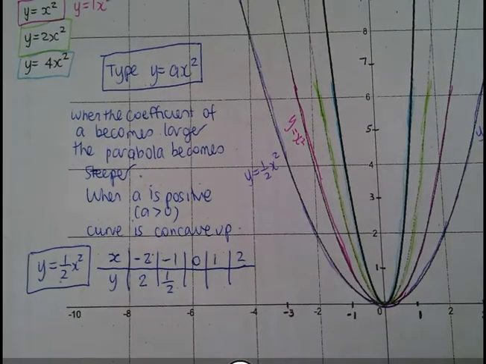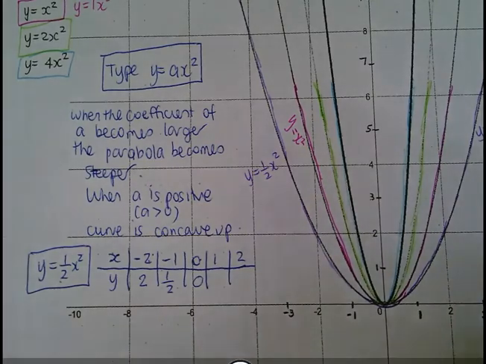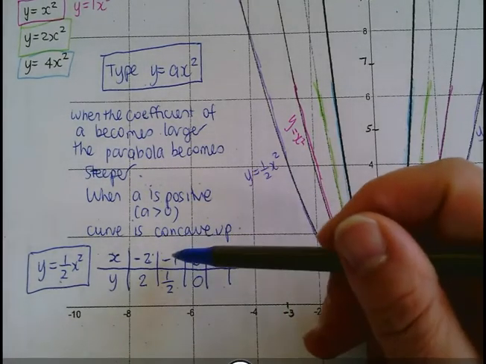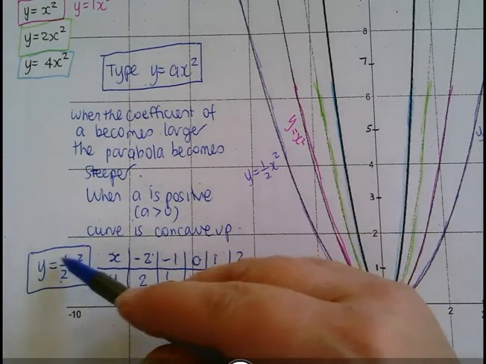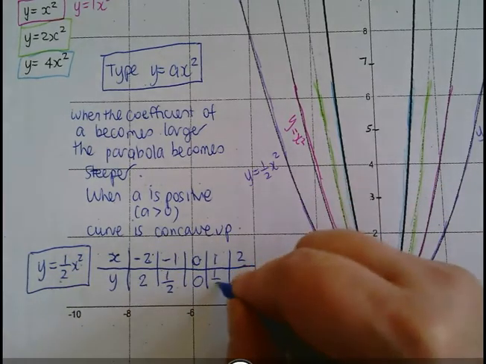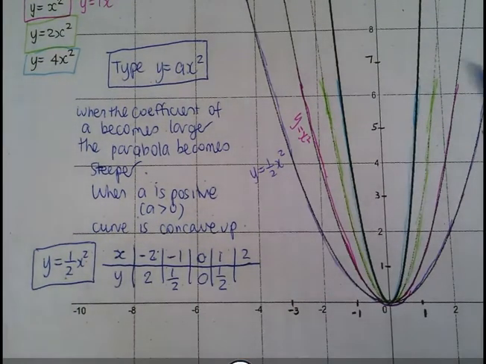Now that's a bit of a yucky point to plot. 0 would give you 0. Now when you put 1 in, 1 squared is 1 times a half is a half. 2 squared is 4. You don't do half of x and then square it. No, you don't.